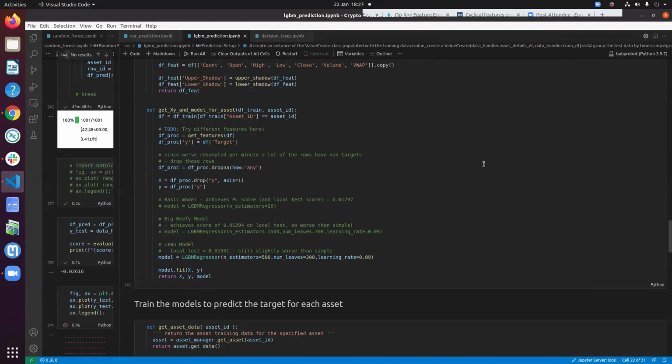He also has something called Optuna, which I've never used, where you can do hyperparameter tuning, and he has one combining Optuna and LGBM.